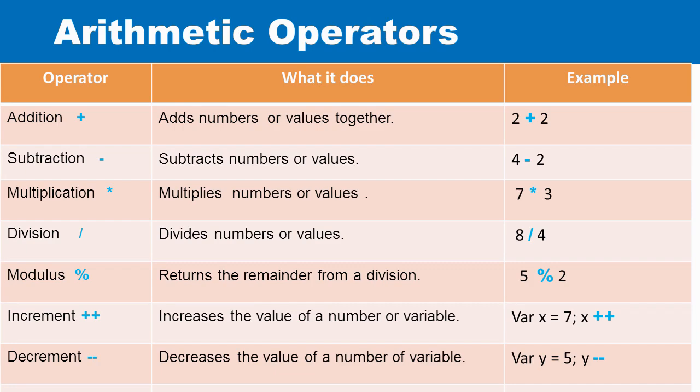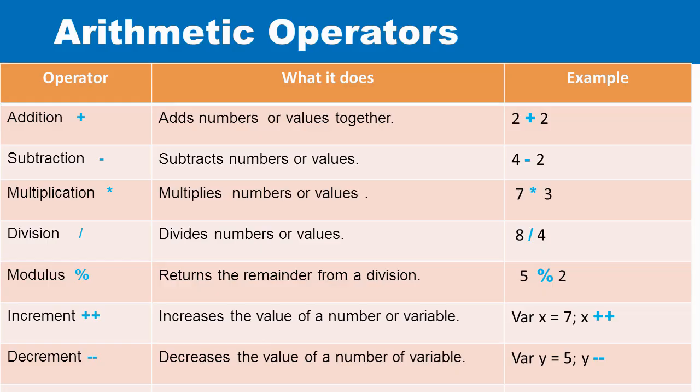So I'll start from the top where we've got the addition operator, and basically that is used to add numbers or values together. For example, 2 plus 2. We've got the subtraction operator, which is used to subtract numbers or values.